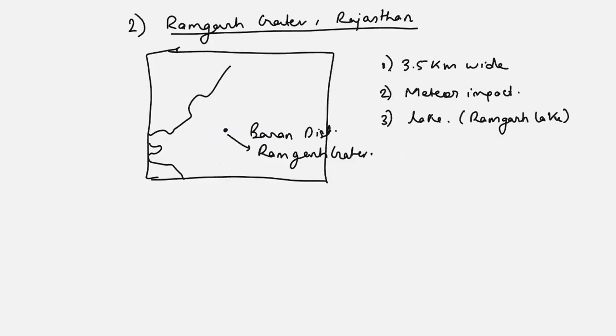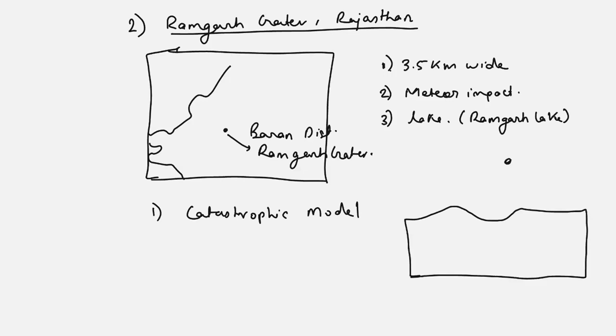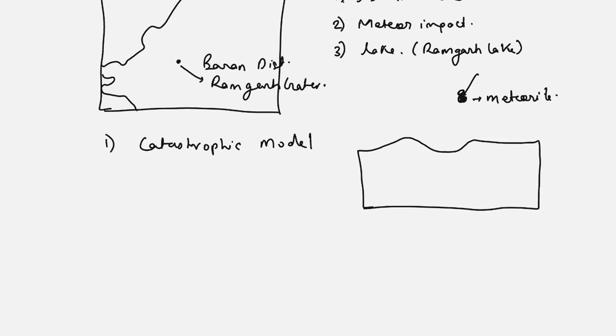For example, we have the catastrophic model, where we explain the formation of landform because of an impact of a meteorite. Now, here I would like to explain this one. Have you heard about this catastrophic model?